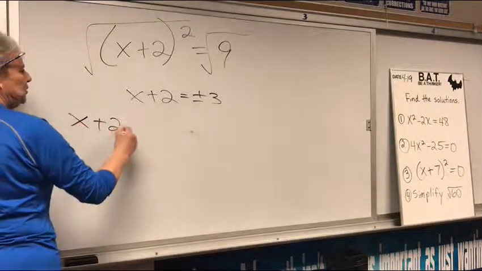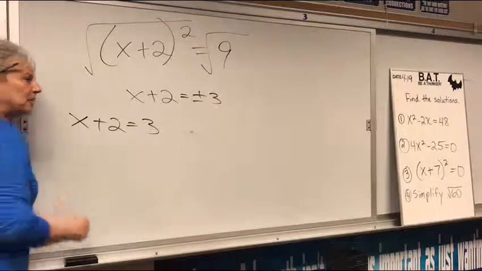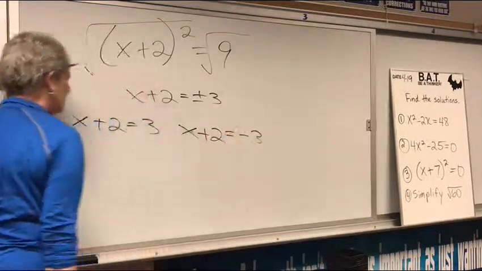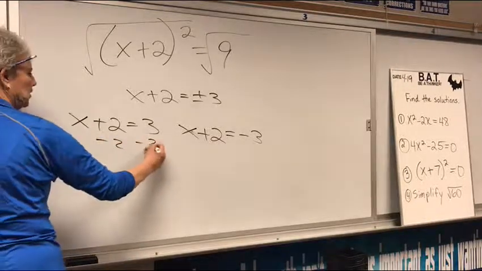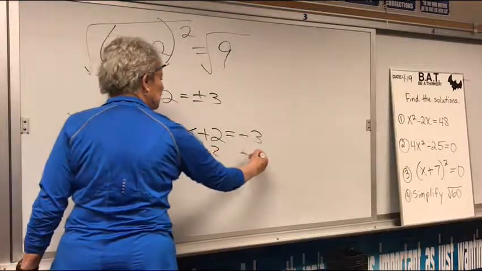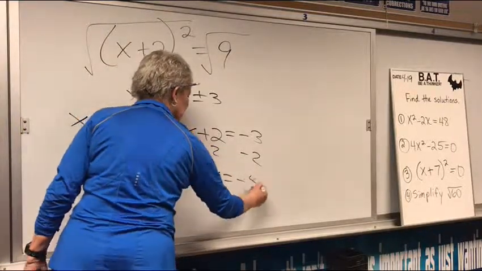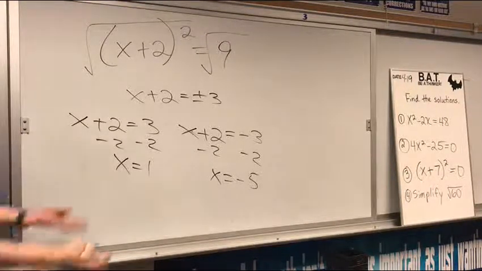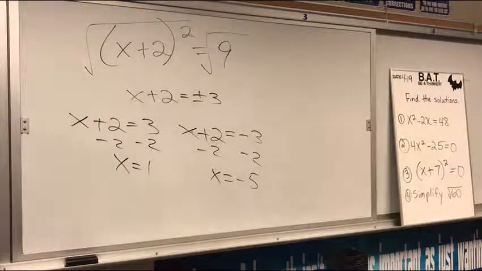X plus 2 equals positive 3. X plus 2 equals negative 3. Subtract 2. There's your 1. Subtract 2. There's your negative 5. And if you plug them back in, you get 9 either way.